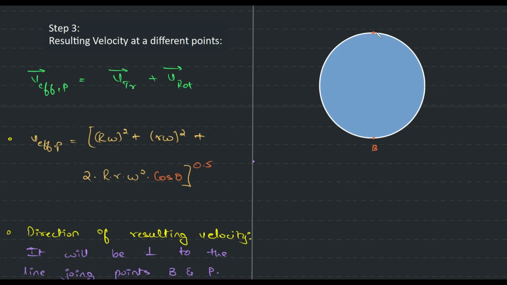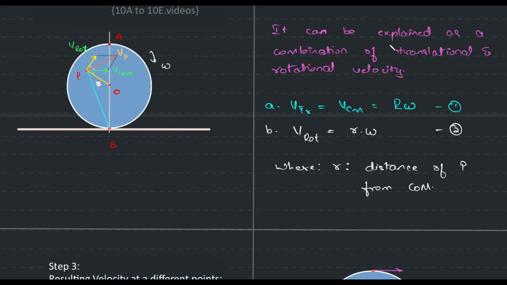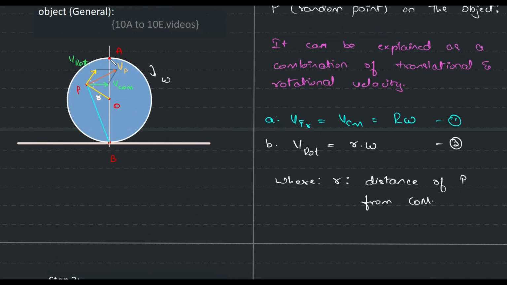So at the point at the top, how would the angles be? Your translation motion will obviously be to the right. The rotational motion, since the center is over here, has to be perpendicular, so they will add up. What I mean is if this point P is over here, both of them will be pointing in the same direction, so they will add.